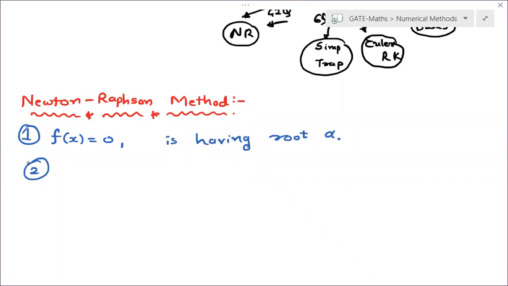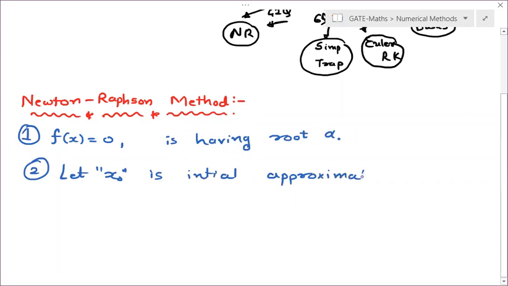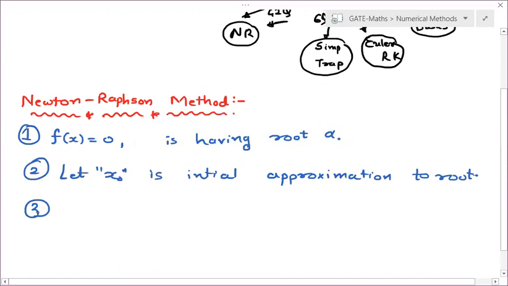And for that, first we are going to assume any approximate solution. So suppose x0 is our initial approximation to the root.